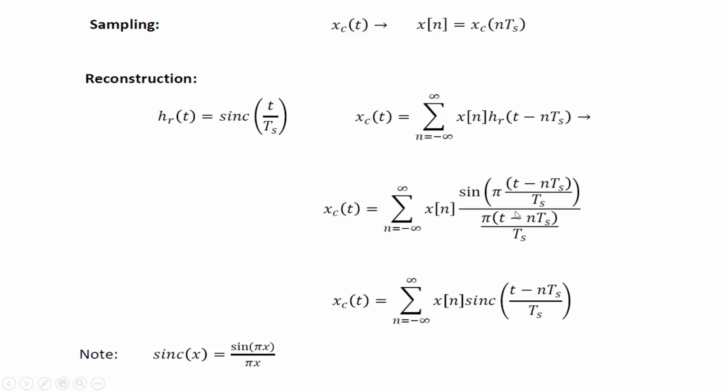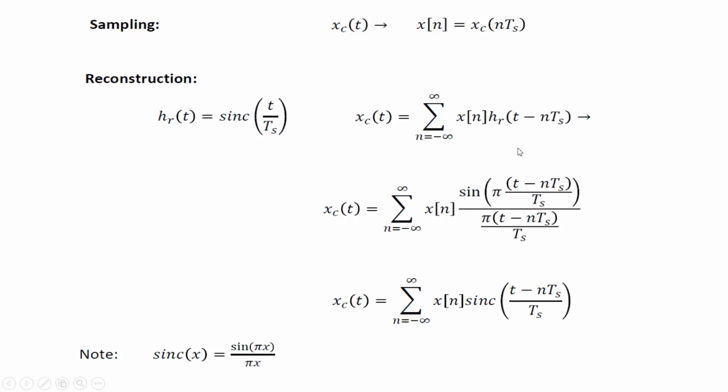So this is basically the sinc function, and we can represent it as the sinc function here, multiplied with the input sequence, the digital sequence, summed over n going from minus infinity to infinity. This is how the recovery of the continuous time signal can be done.